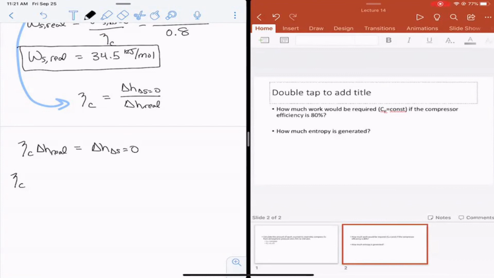So this is the integral from T1 to T2 real of Cp dT, which equals the integral from T1 to T2 when delta S equals 0 of Cp dT.